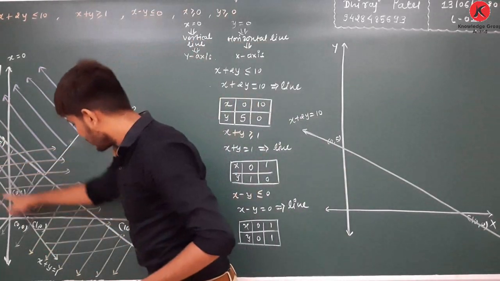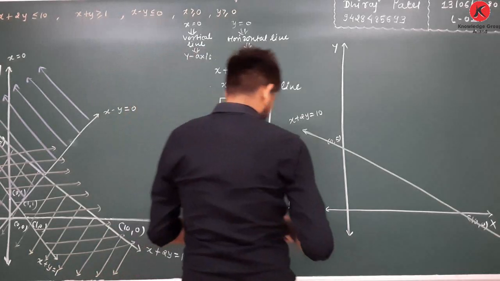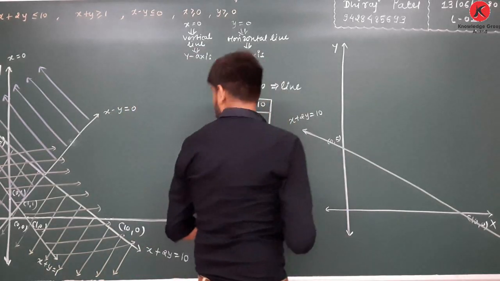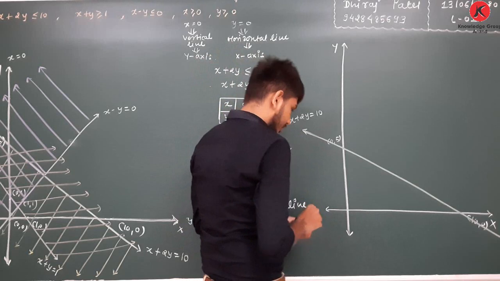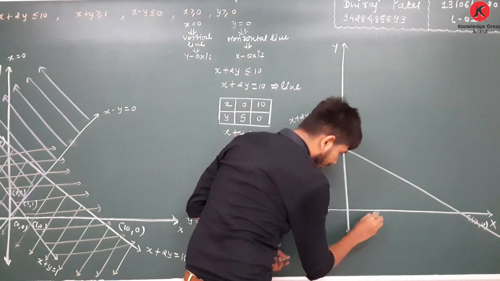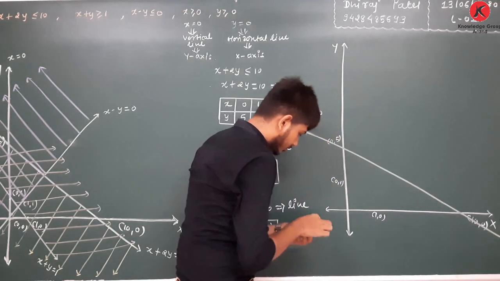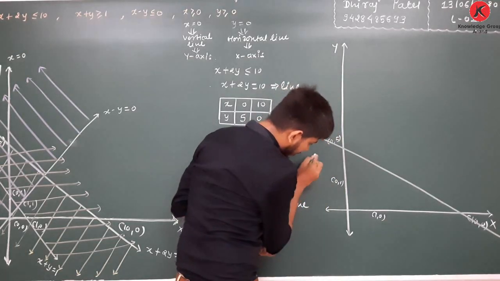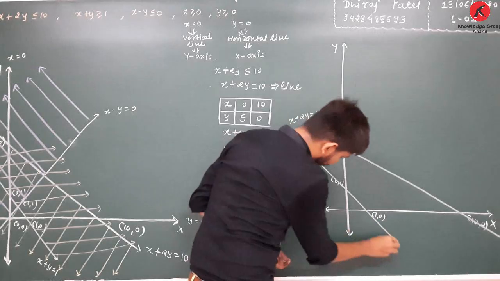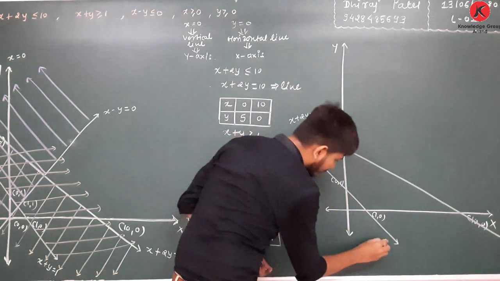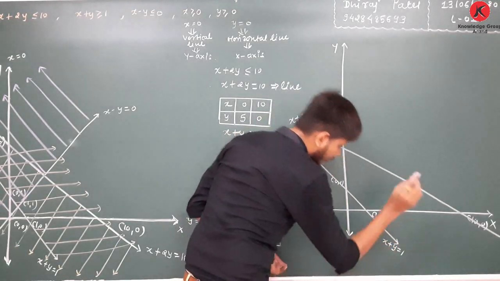Next line, this is the line x plus y equals to 1 passing through the points 0 1 and 1 0. So this is the point 1 0 here, 0 1 here. The line passing through these two points is represented as this. This is the line x plus y which is equals to 1.